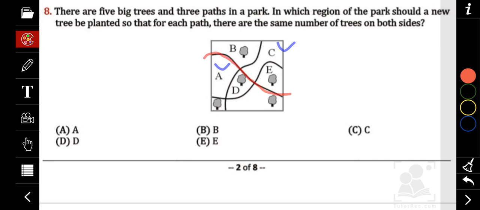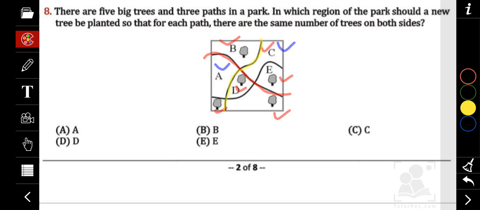In this case, the 3 trees below are at this and this point, and the trees that could be planted above are either this, at this, or this. In the same way, let's do it for the third path, which is this path.